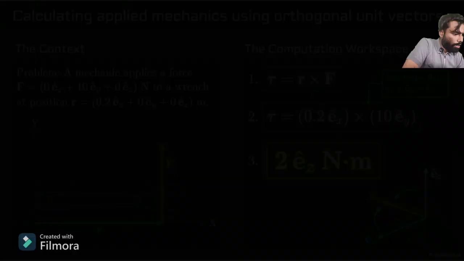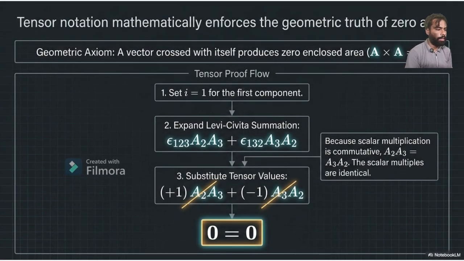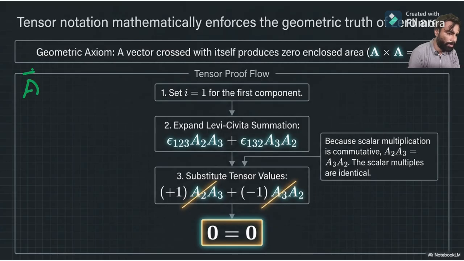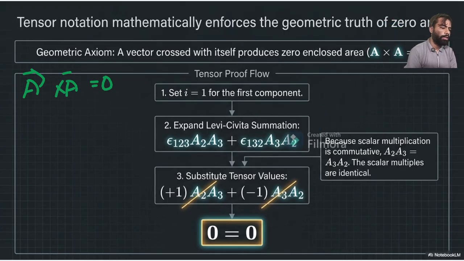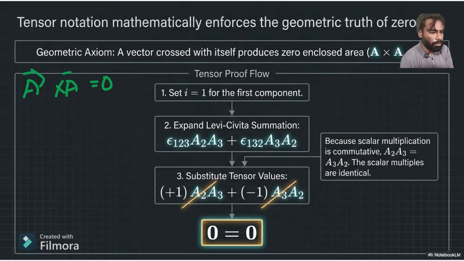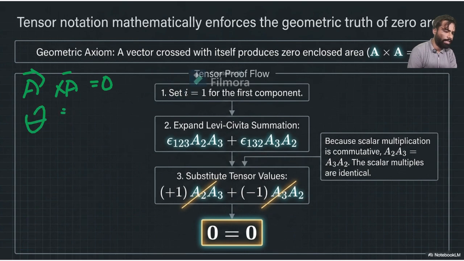Another example: find a cross a, what will we get? Technically it should be 0, because as we discussed first, it always involves sin theta, and theta will be 0, so it will be 0 in the first instance.